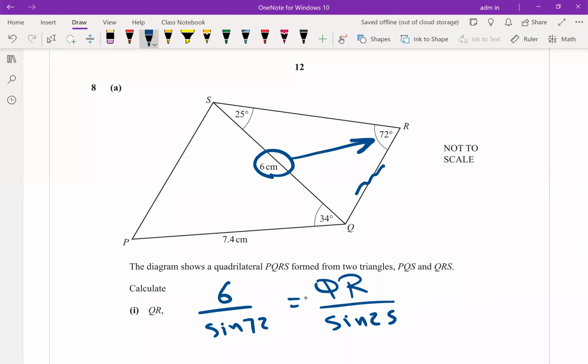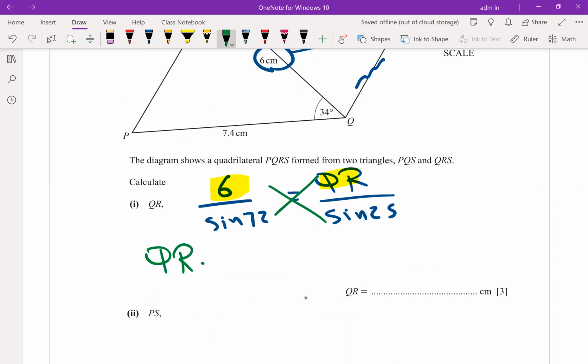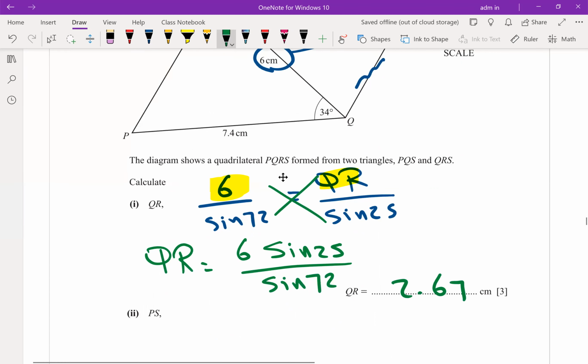You can switch; I started here with sides over sine angles, but you can start with sine angles over sides. It's correct. Cross multiplication and get QR. QR is 6 times sine 25 divided by sine 72. Give me your final answer. 2.67. At least write your answer to three significant figures.